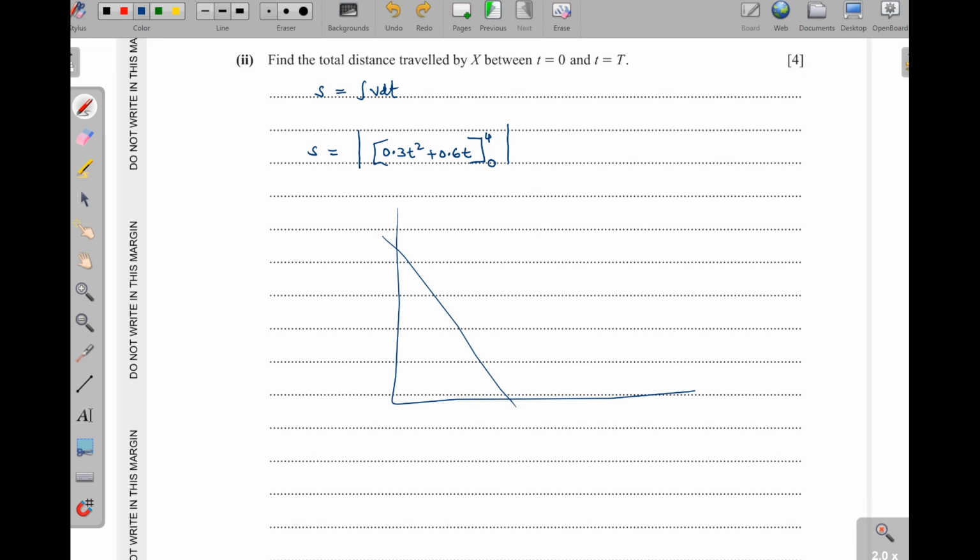Then what else do we have? We also have the integral from 4 to 16, and the expression for v, we saw that it is 3 over 5 t to the power of 3 over 2, then plus 7 over 5.